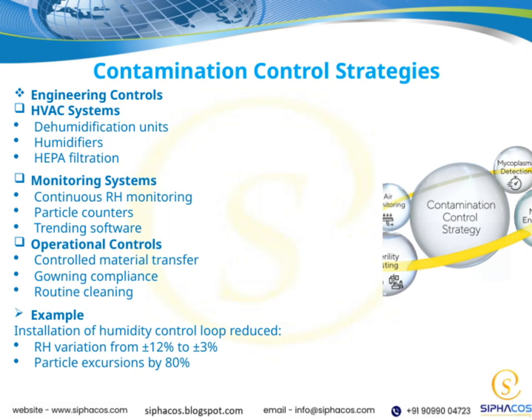Operational controls focus on the human element, controlling material flow, enforcing gowning rules, and routine cleaning. For example, installing a humidity control loop cut relative humidity swings from plus or minus 12% down to just 3%, and particle excursions dropped by 80%.